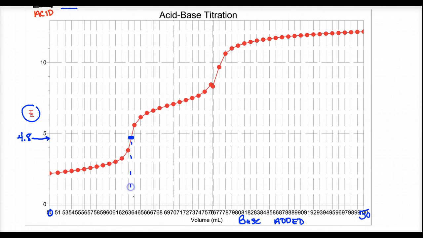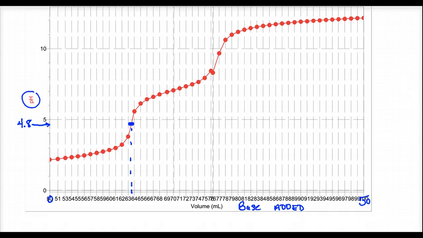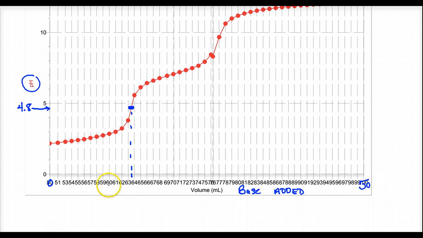So what is the volume at that equivalence point? It looks to me like, if I'm looking at this carefully, this says 62, 63, 64, so it's between 63 and 64. So it's 63.5, but remember it started at 50, according to this graph.